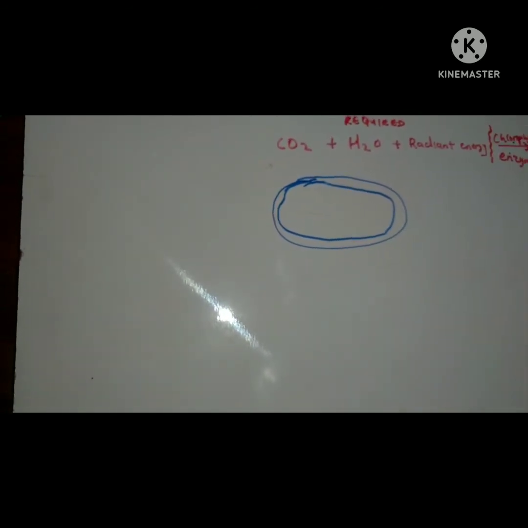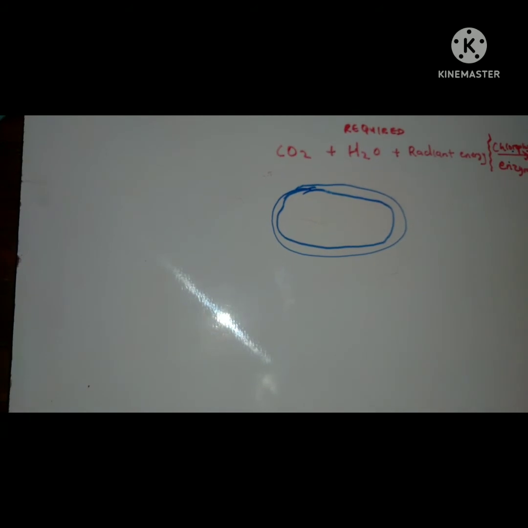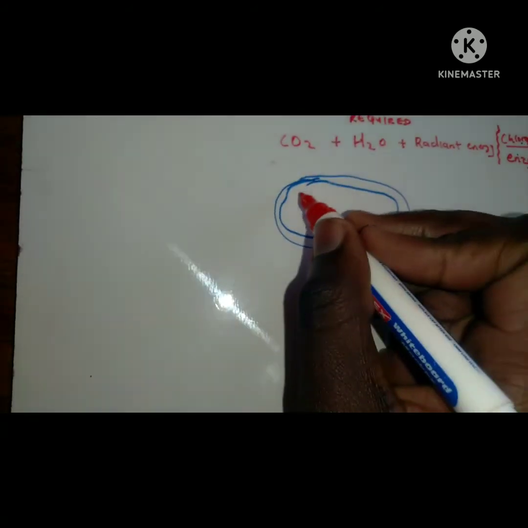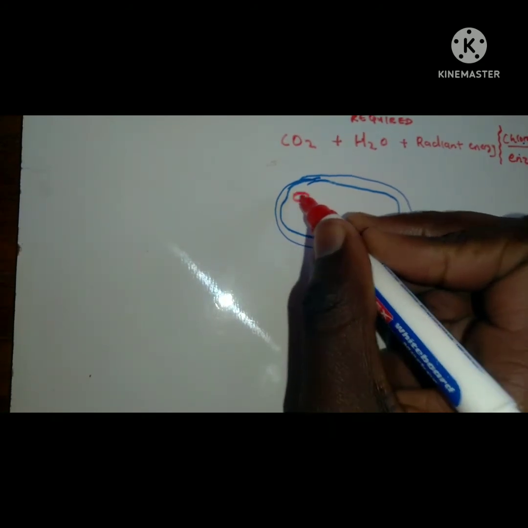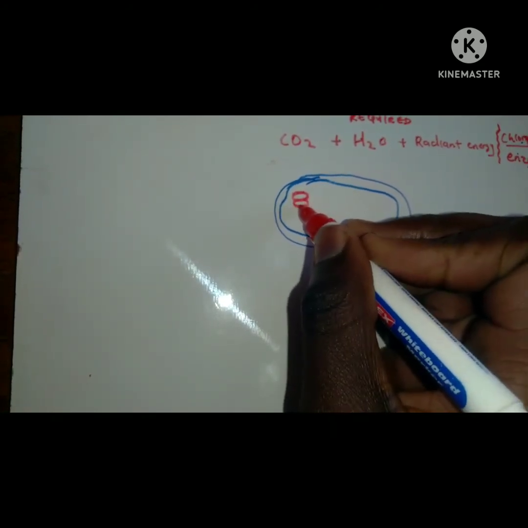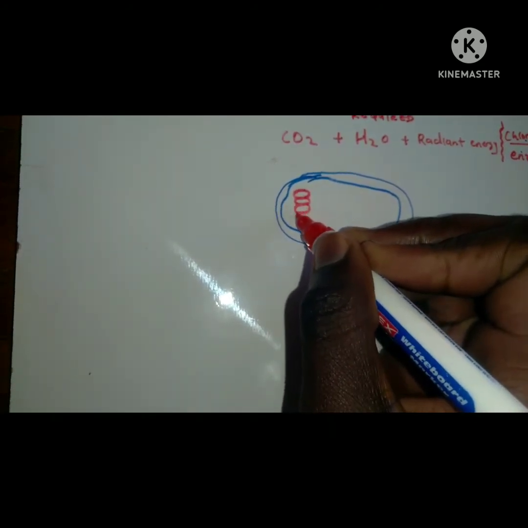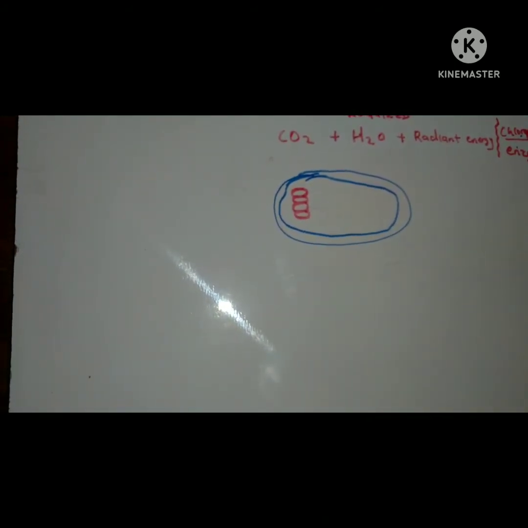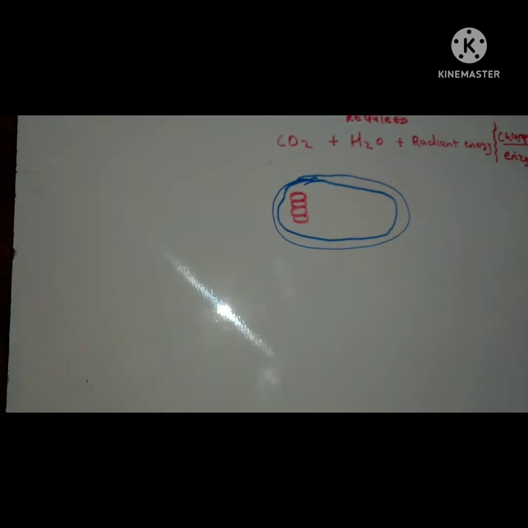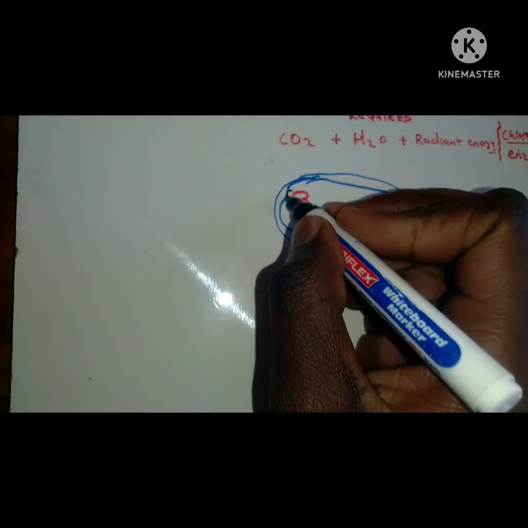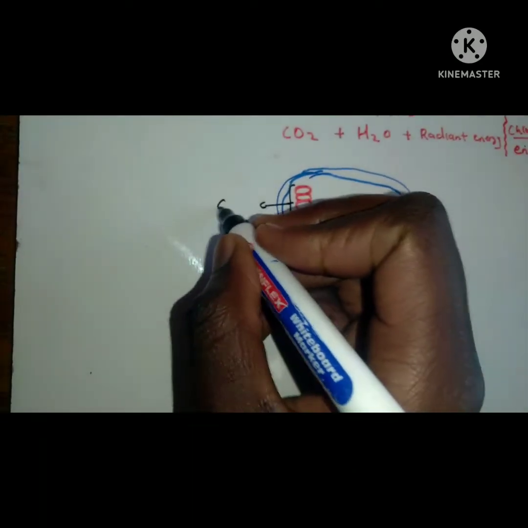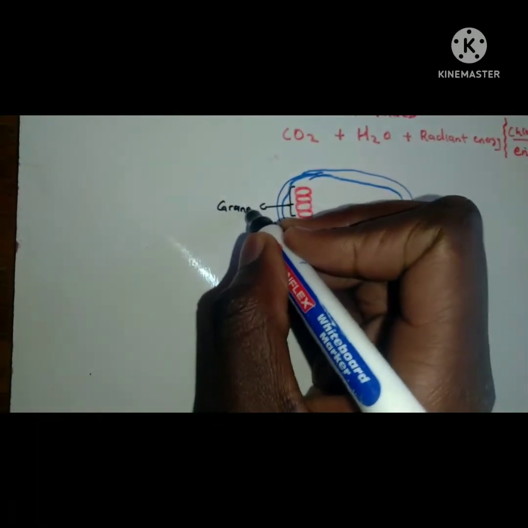So what are those things that make photosynthesis possible in the leaves? We have got here the grana. So here we've got this pile of things, we call it grana.